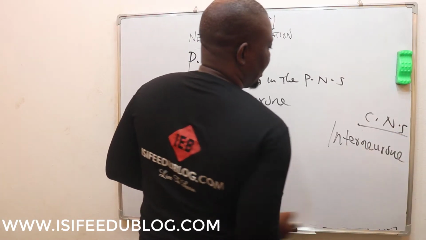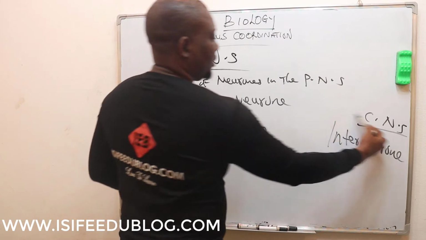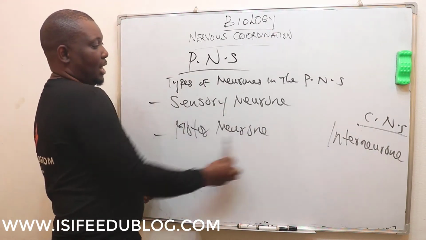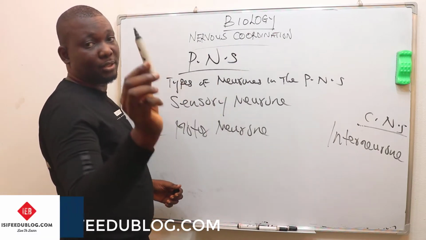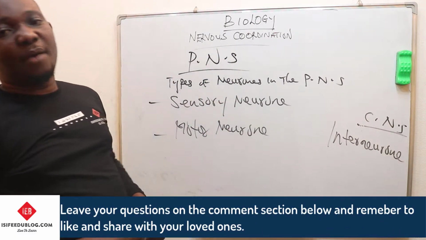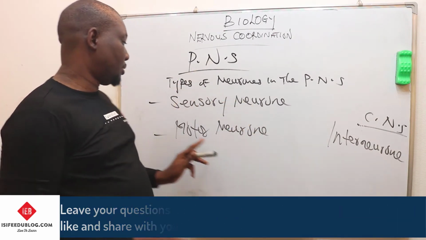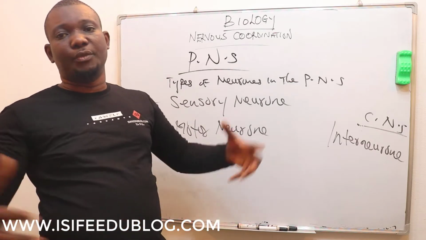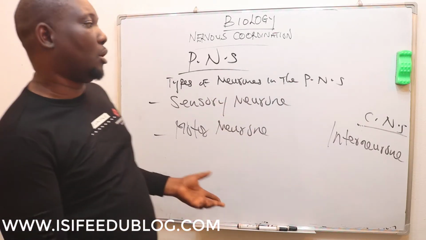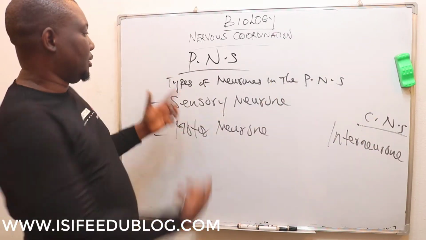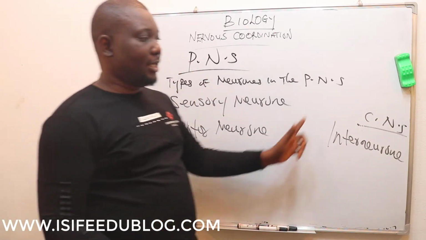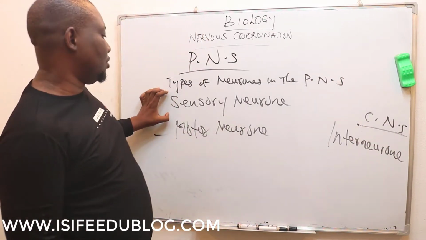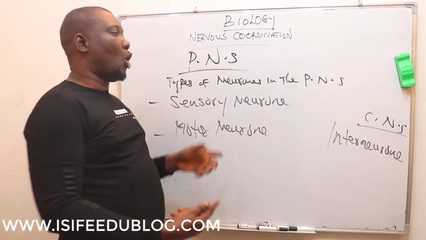The interneuron is a neuron found in the CNS, while the sensory neuron and the motor neuron are part of the PNS. In all, we have three types of neurons: the sensory neuron, the motor neuron, and the interneuron.